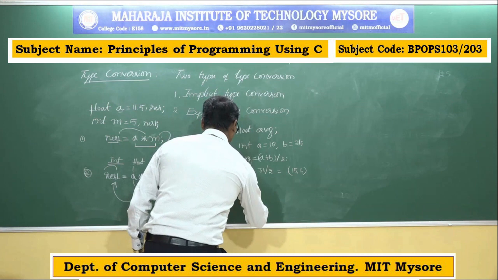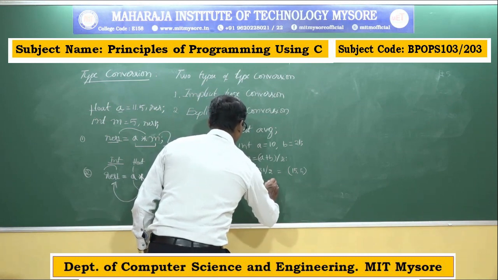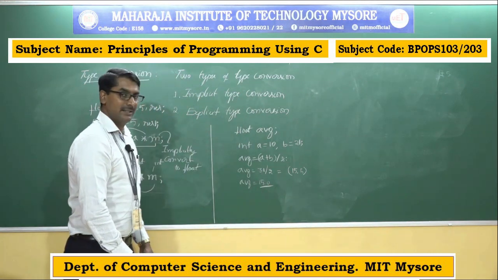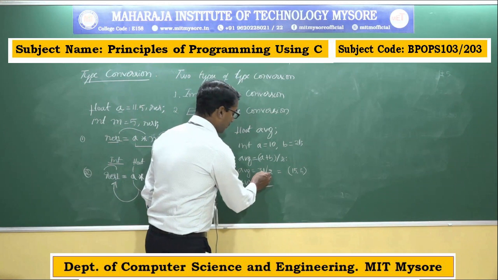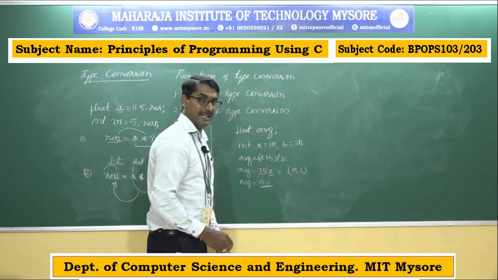But when we execute this expression, the result will be stored as avg is equal to 15.0, because 31 is of integer type and 2 is also of integer type.